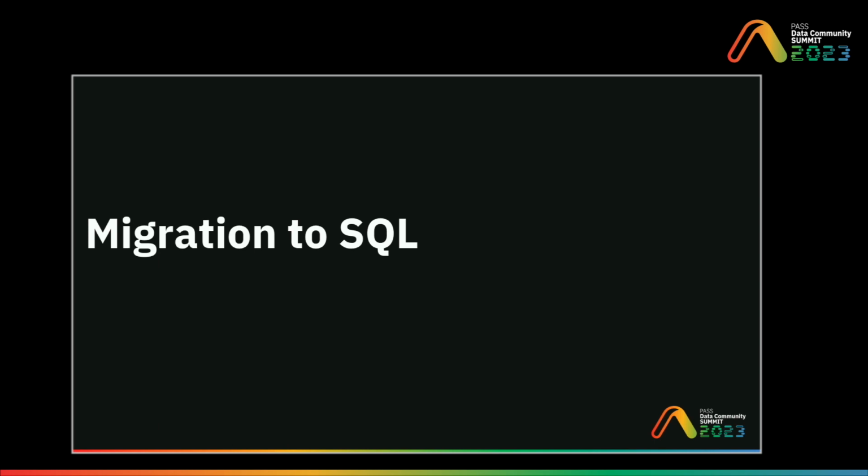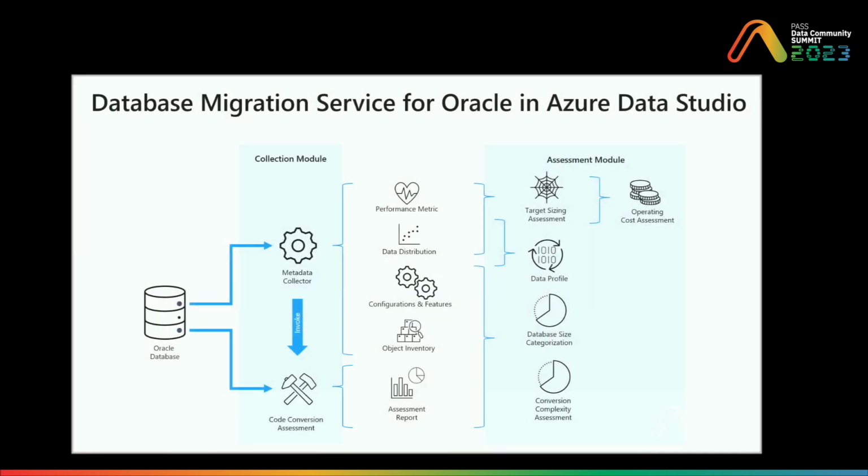So we'll start with migration to SQL, and then I'll hand it over to Harmeet to cover the PG SQL scenarios. When we talk about migration to SQL, there are basically three major scenarios you need to handle. The first and the most important is the code complexity, right?